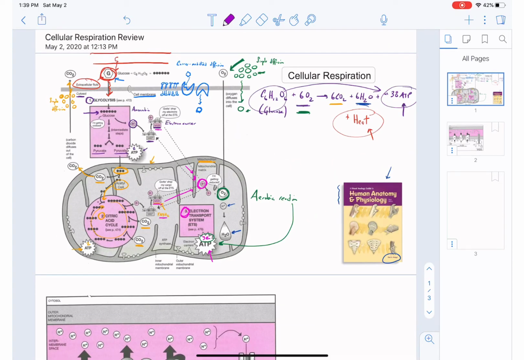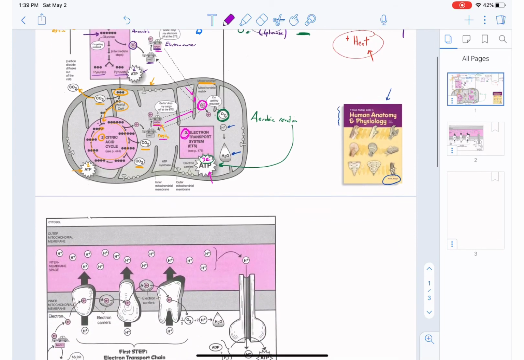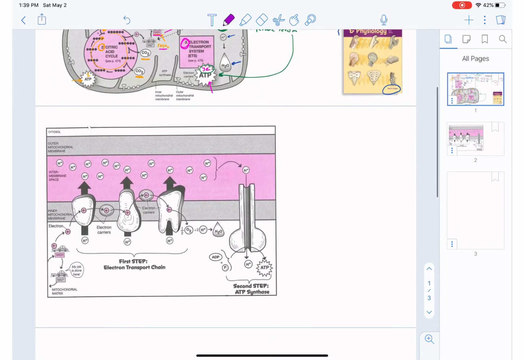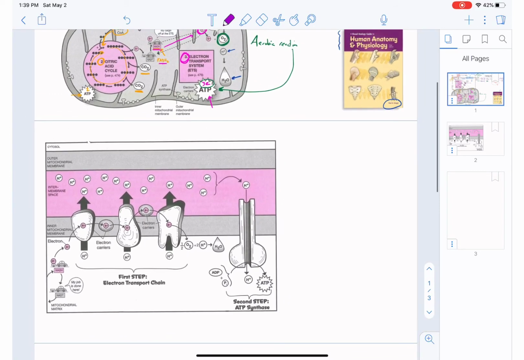Now let's finish off by looking at the details of the electron transport system. And first off, let's orient ourselves. Like I mentioned, the mitochondria has an outer mitochondrial membrane, it has an inner mitochondrial membrane, and then there's this space in between it.